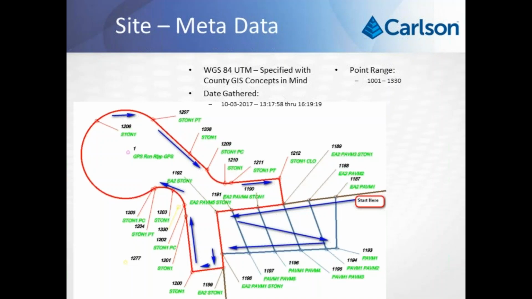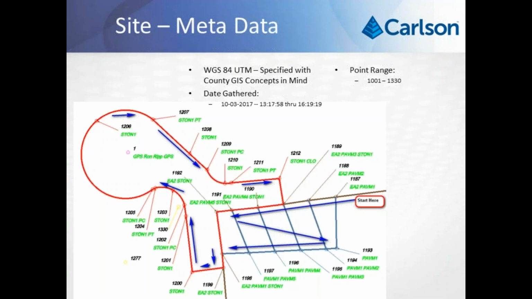And I jumped down to 1193, where pavement marking number 1 took a corner or a bend, and then next to 1194, where pavement marking number 1 continued and pavement marking number 2 ended. And then 1195, where pavement marking number 1 continued and pavement marking number 3 ended, and then just continued on.